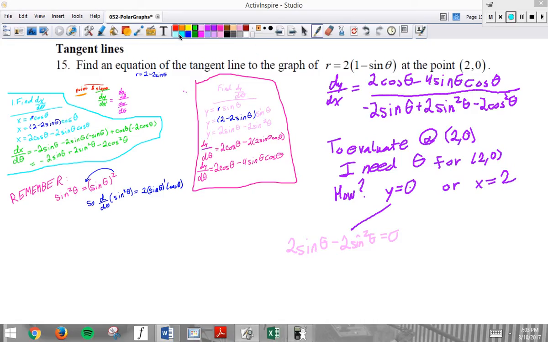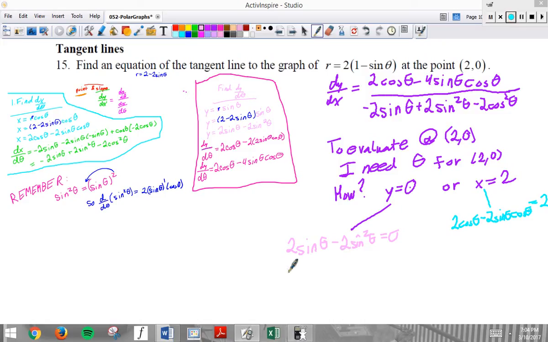This would be 2 cosine theta minus 2 sine cosine equals 2. Which of these looks easier to solve? This one by far is what you should be thinking. By far this one. Because it only has one trig function.